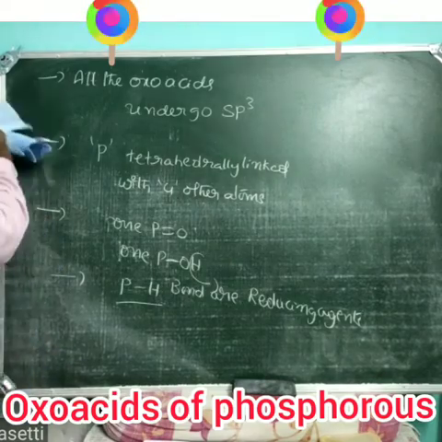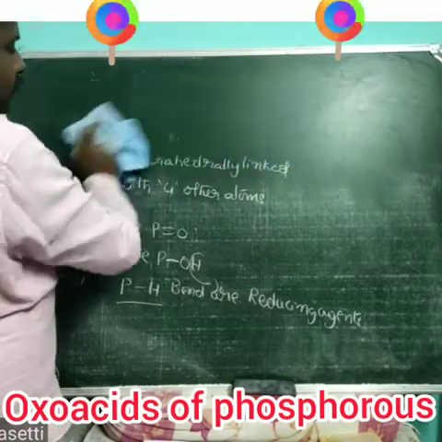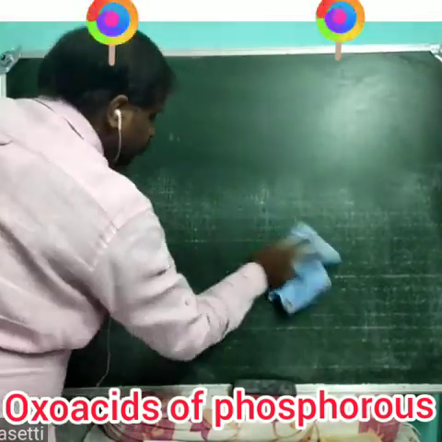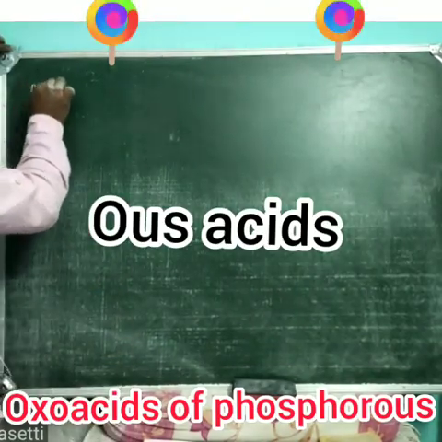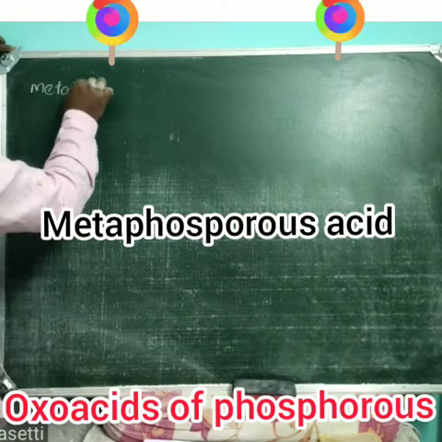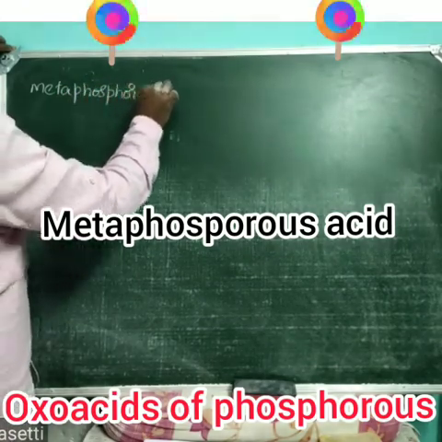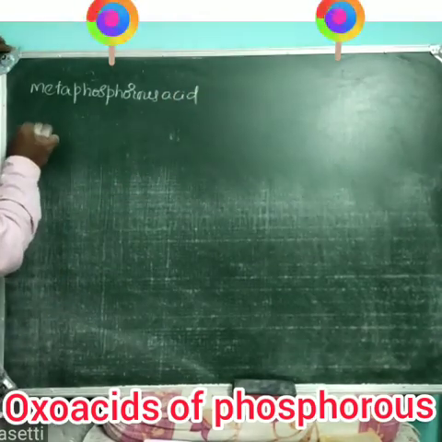Now let us see the ous acids. We have 4 ous acids. First, metaphosphorus acid.